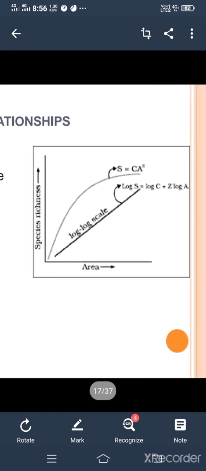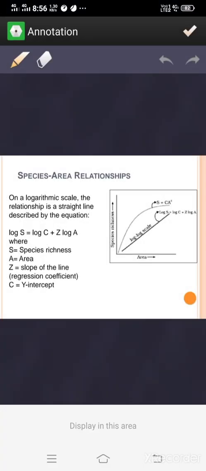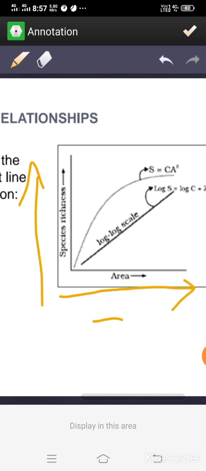So this is the area, and this is the species richness. If we go on increasing the area, the species number goes on increasing, of course, because they get a lot of space to survive and to reproduce, but only up to a certain level.